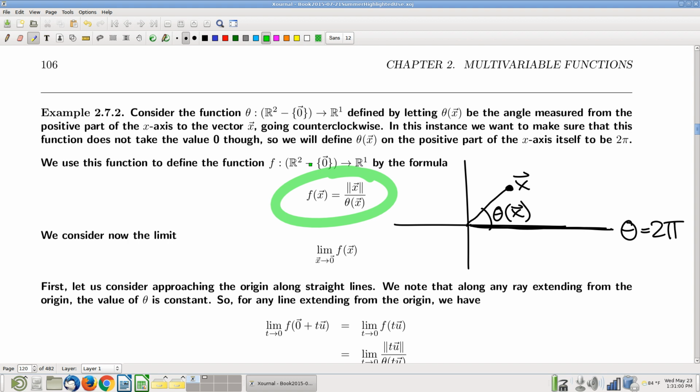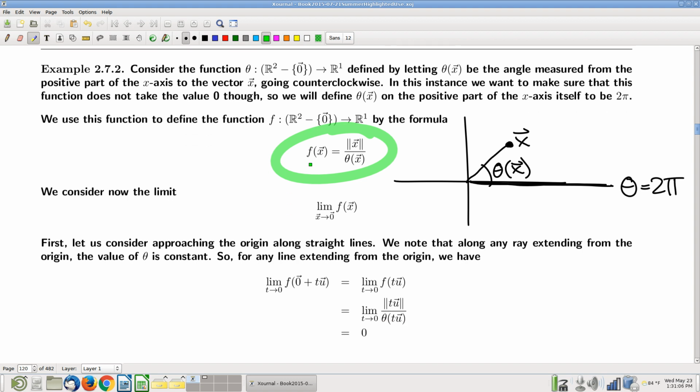And I want to entertain what this function is doing as you approach the origin. We're going to start off taking our candidate, understanding limits through straight line approaches, a plus tu, and we let t approach 0, so we're approaching the origin along straight lines.